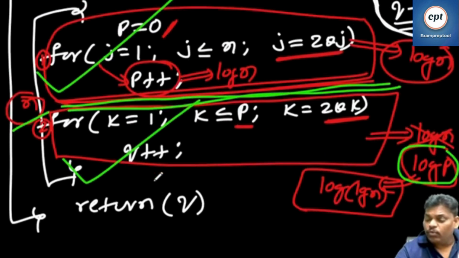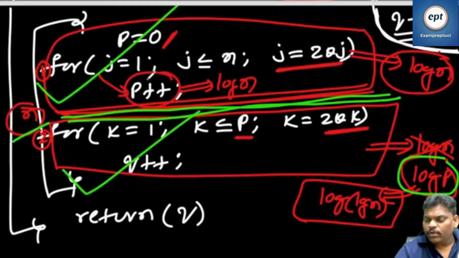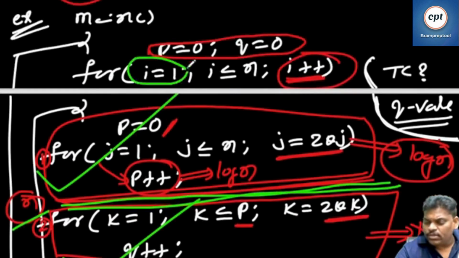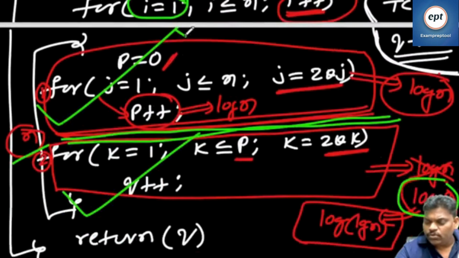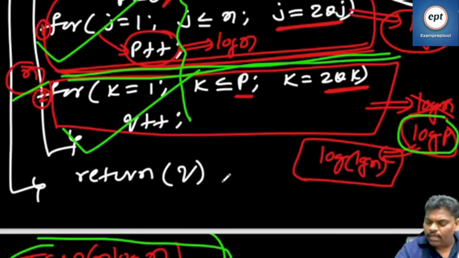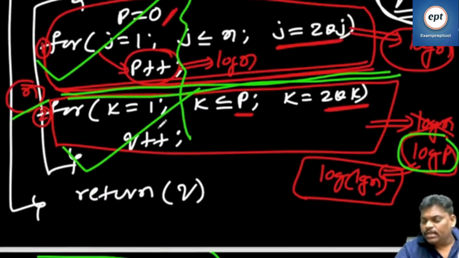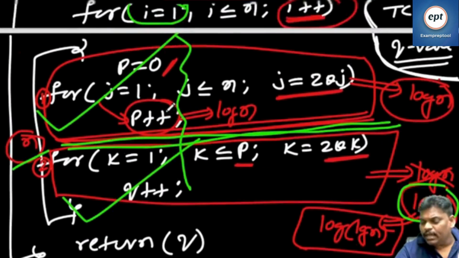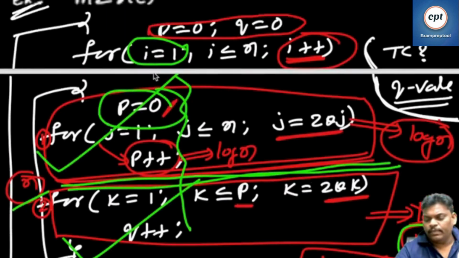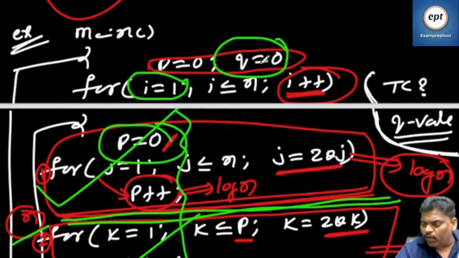Next one. What about the q value? The first time, whenever I is equal to 1, the q value will execute, so the q value became log n. Whenever I is equal to 2, again the q value becomes one more log n. Q is not assigned again and again, but p is assigned again and again. Q is assigned one time only.